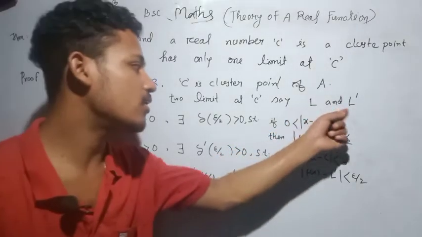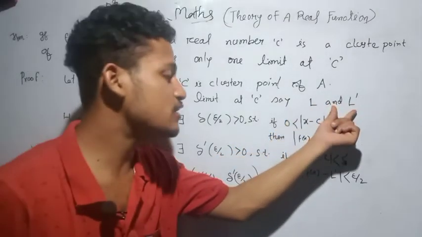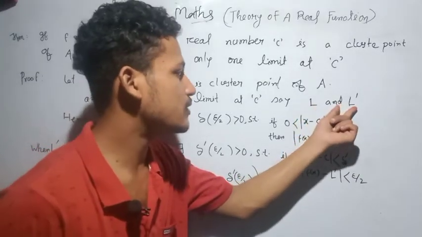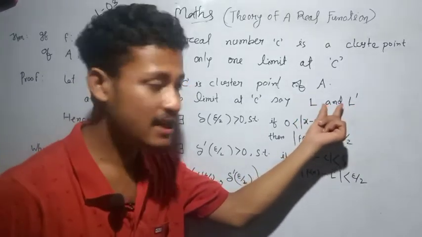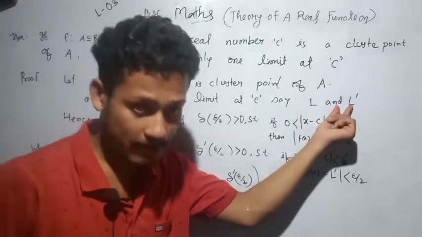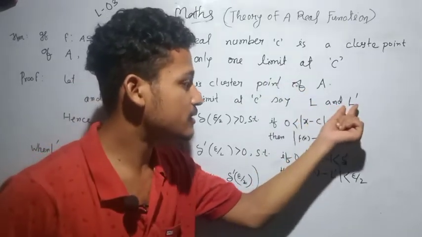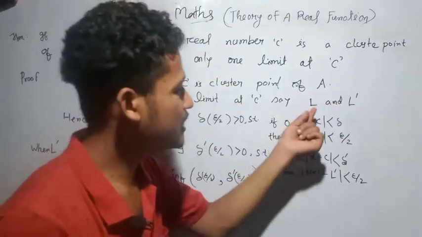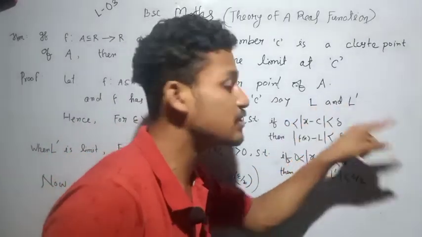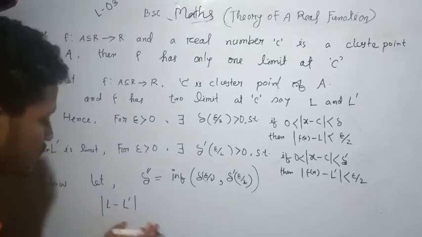If L equals L dash, then the difference between them is equal to 0.